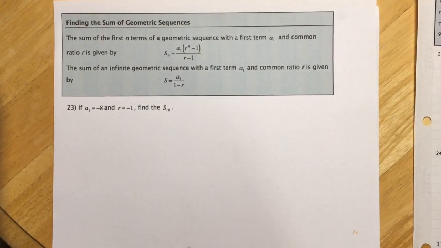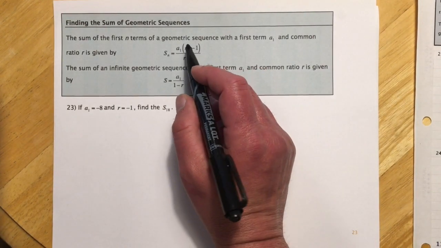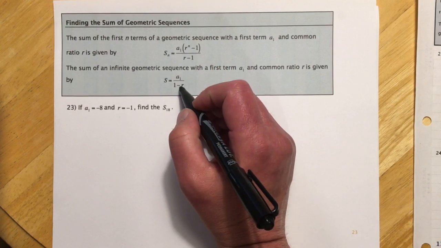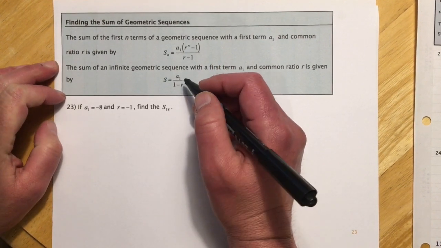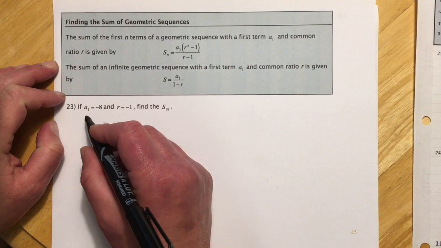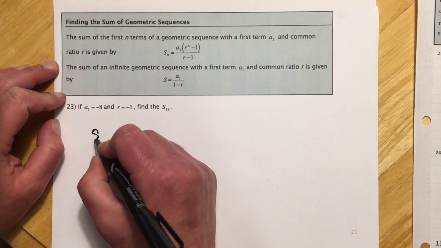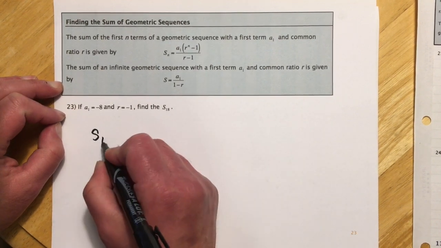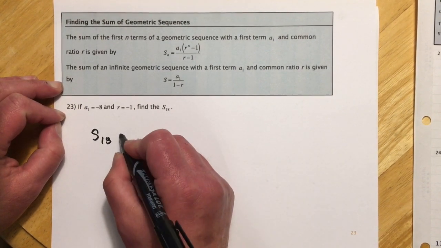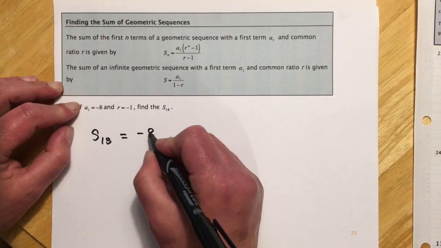Okay, then for finding the sum, we had 2 formulas for that. We had one for a finite number and one for an infinite number. And so for the finite one, we just plug into here. So this is the sum through the 18th term. And this one is negative 8.